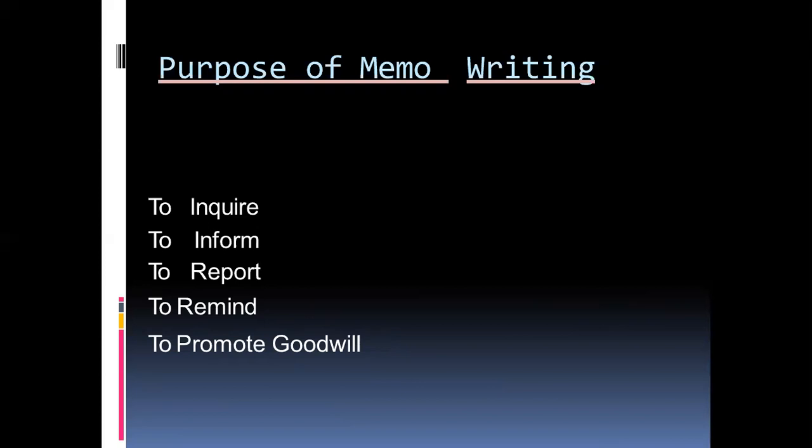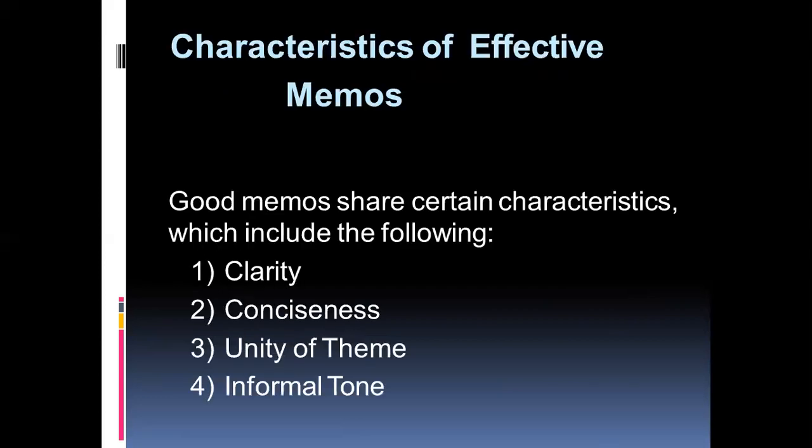It could be to report something, an accident, an incident, or a report on a product or on a sale of something. It can also be a reminder, to remind people of something, and to promote goodwill. All right, these are the things. Let's move on to the next slide.